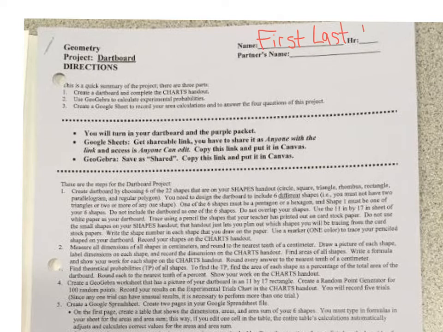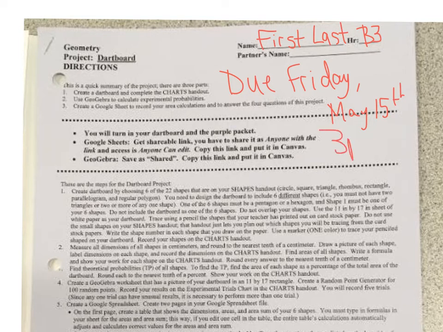Again, put your block, and then write down that it's due Friday, May 15th, 3 p.m. If you are late, you will have points deducted, and I, as always, will not help students a few days before Friday, May 15th. So the last day would probably be that Tuesday night or Wednesday after school.